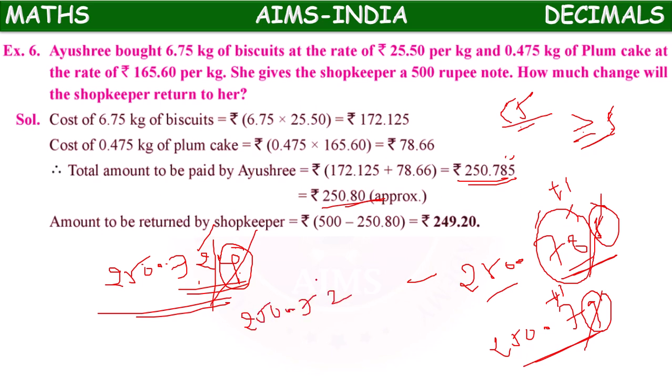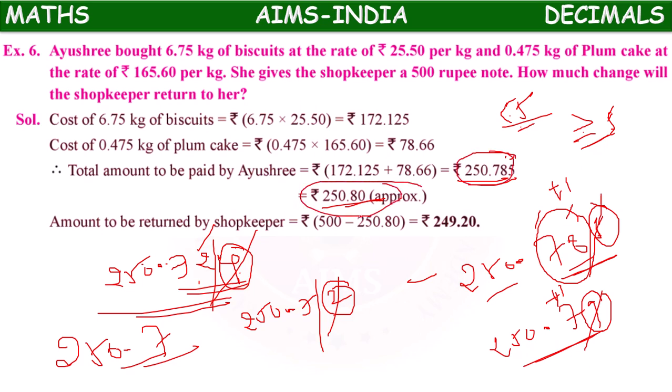If you want to reduce to one decimal place, this is what? 2, less than 5. So simply we can strike off. Approximately this value is 250.7. Like that, approximation we can do regarding the decimal places. So this is the total amount to be paid by her approximately.